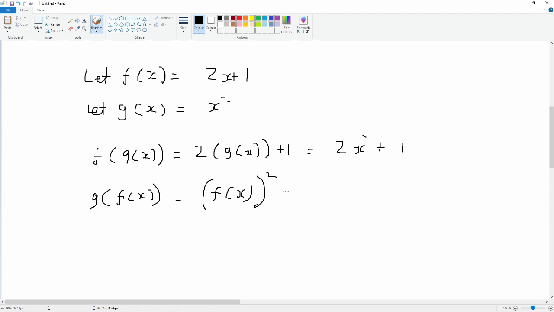And we know f of x is equal to 2x plus 1, so that's 2x plus 1 squared. Okay, so that's one clever thing we can do with functions.